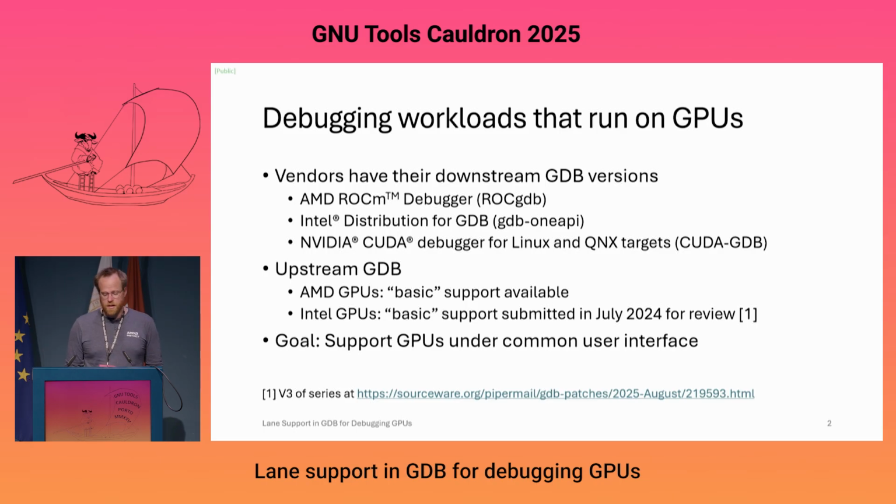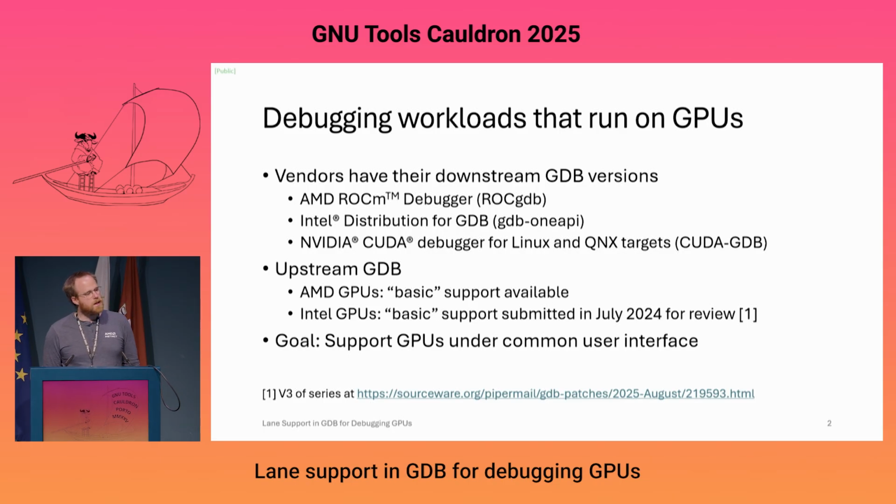Intel has been working on GDB oneAPI, a downstream version for Intel GPUs, and NVIDIA has CUDA-GDB for CUDA GPUs. Obviously, 3 projects, 3 histories, different choices in many of them, so it feels different if you use one or the other. That's how it is today, and we'll see where we go.